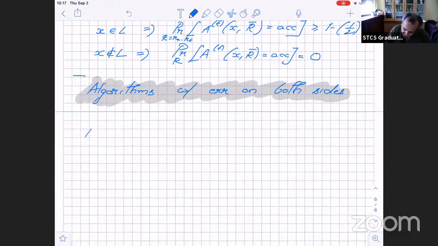So this refers to the class BPP. It's just L belongs to BPP.